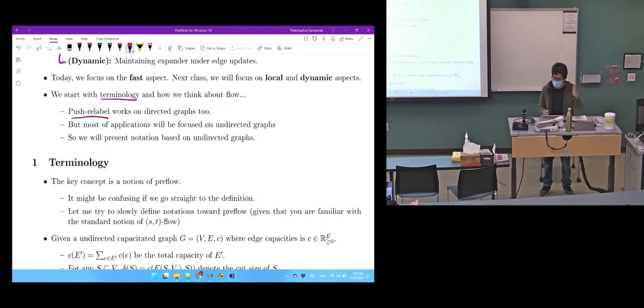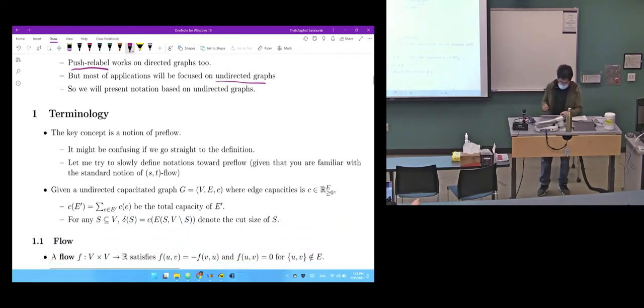It's just that most of the applications that I want to tell you about are on undirected graphs, so I will present the notation based on undirected graphs. But once you have seen that something can be done using push-relabel in undirected graphs, you should think that it can be extended to directed graphs too.